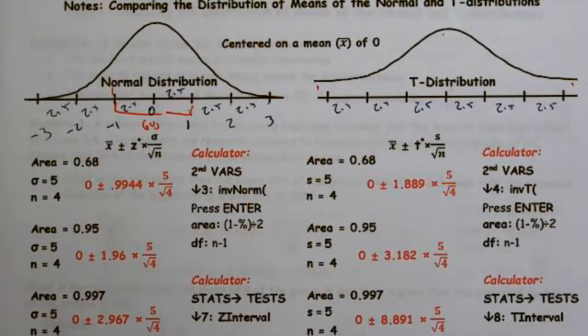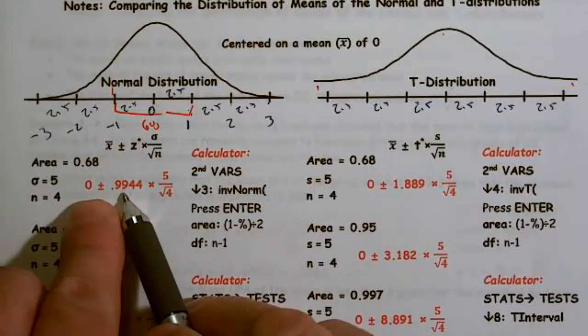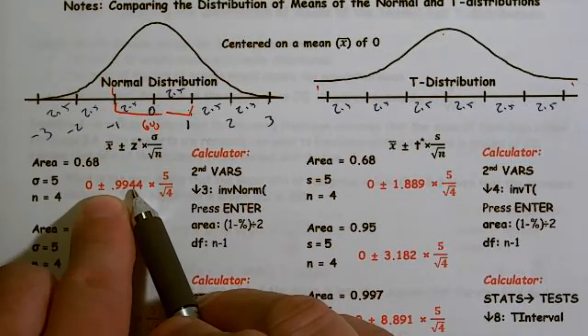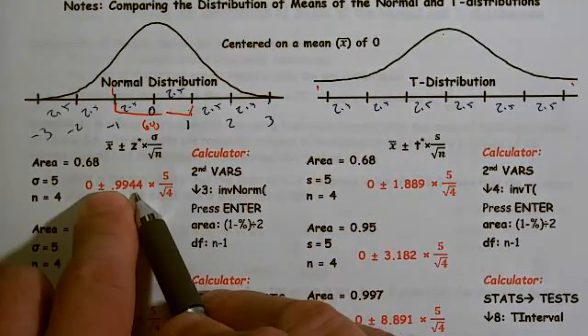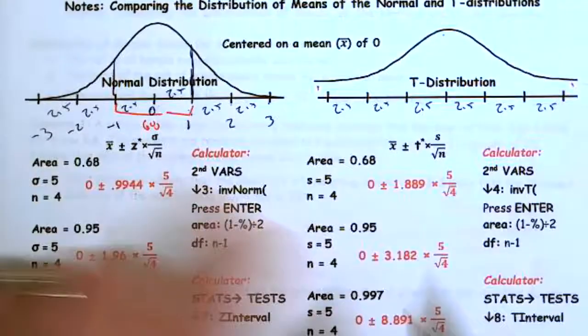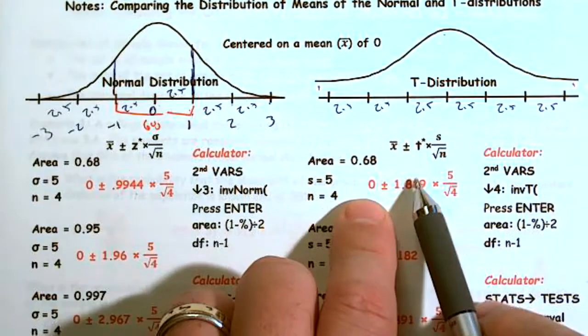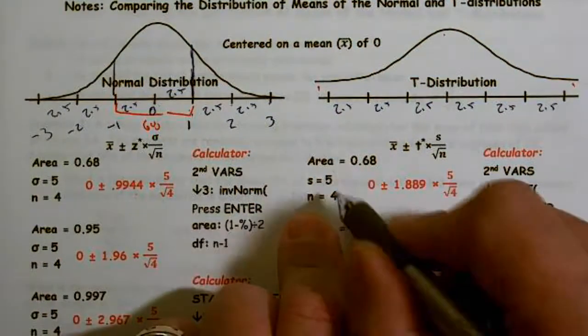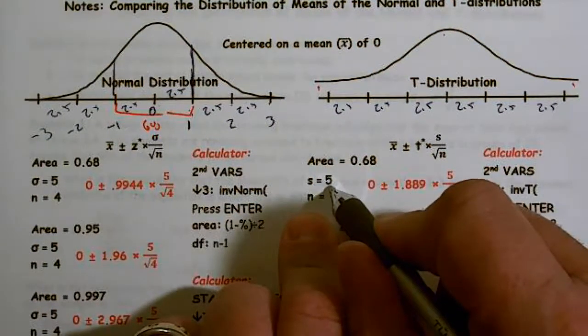Now, it's really 0.994, it's not 1. So 68% is approximately 1 standard deviation from the mean. So there's 68% here. Well, over here with the t-distribution, I still kept the same standard deviation, but it's now the standard deviation of the sample.